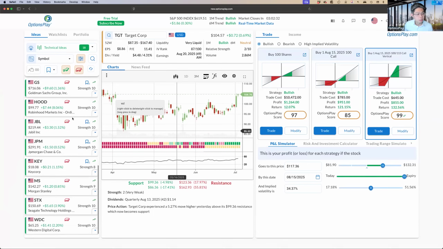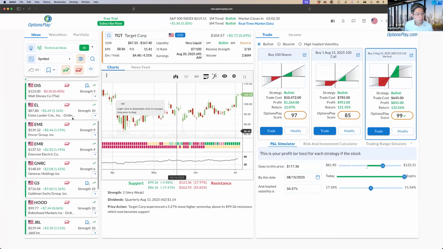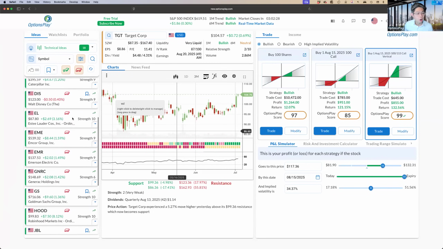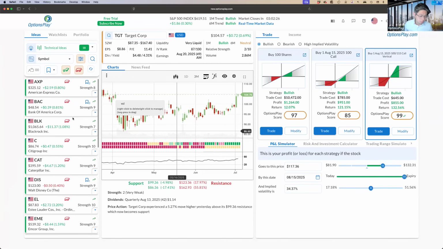So as you can see, there are 18 counter trend ideas, and all of them are bearish, which is not surprising given where the market is. When the S&P is up 28% in 3 months, you don't have a lot of bullish counter trend ideas, but you do end up having a lot more bearish counter trend ideas in this market.